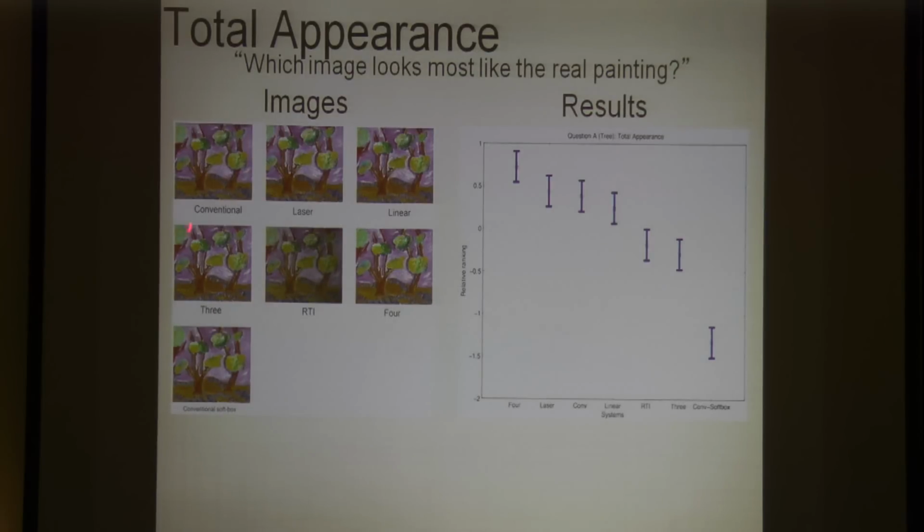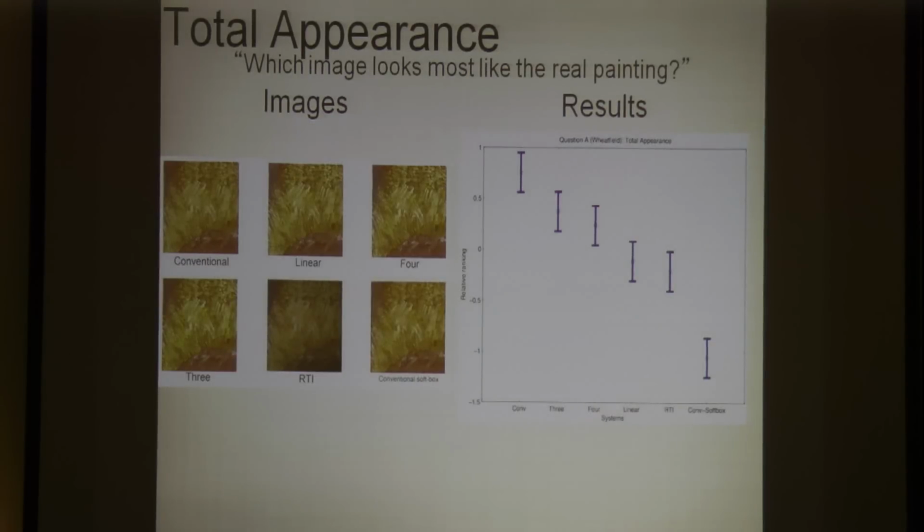So for this particular painting, the 4-light image was statistically superior to the other images. Here we can see that the laser, conventional, and linear were the same, and then you have these different categories. The conventional softbox, the soft imaging, was the least preferred approach. And again, it makes sense because of how the lighting system was set up to be 60 degrees.